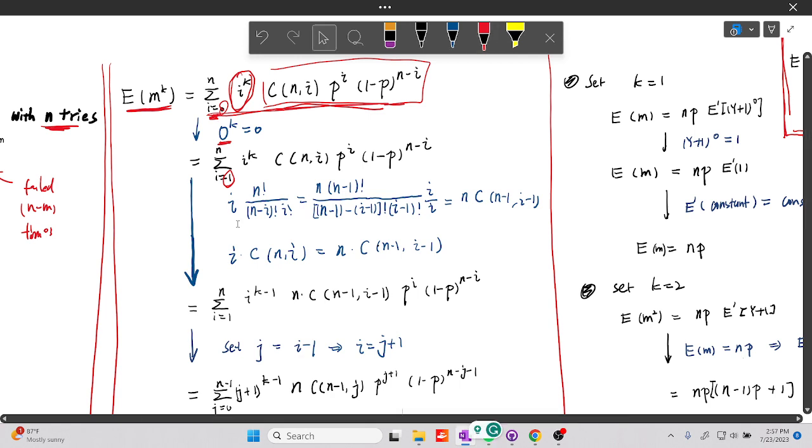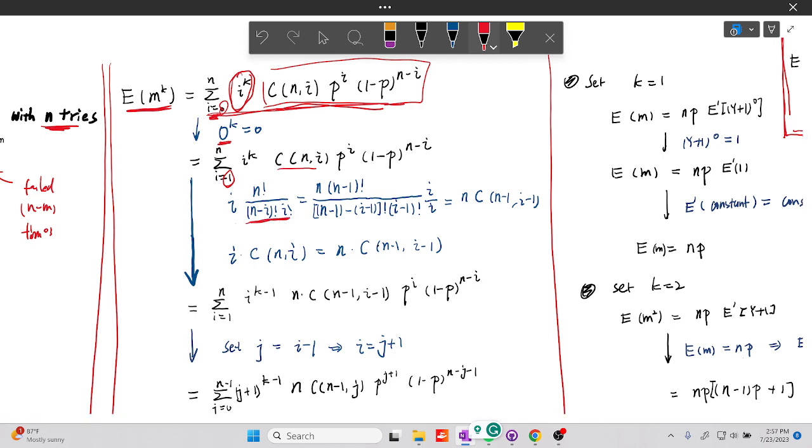And if you have C(n,i) written out and multiply by i, you can rewrite it in the same way by taking the factorial of n out, and rewriting with n minus 1 and i minus 1.